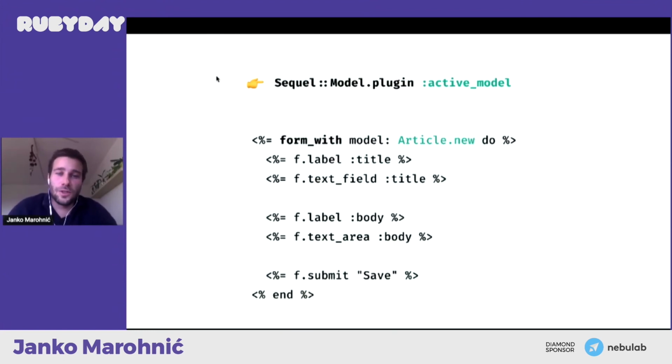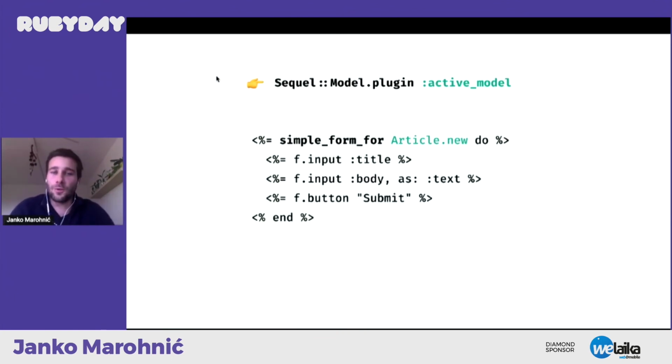And to use SQL models with Rails form helpers, we just need to load the built-in active model plugin, which makes SQL models quack like active model objects. So this works with both Rails form helpers and with simple form.